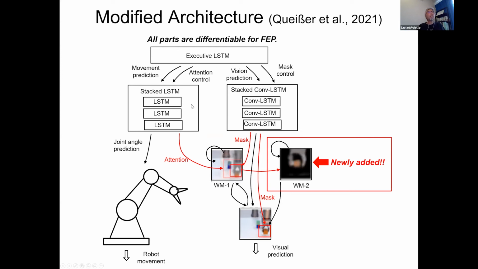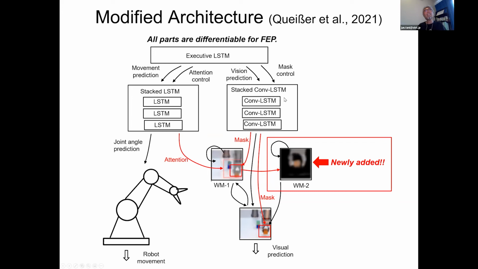And maybe this is a ventral pathway, a stack of convolution LSTM taking care of the visual image. And this one is about the body movement, and the higher level is going to control movement prediction as well as the attention control. And then this is going to be the vision prediction as well as some kind of mask.